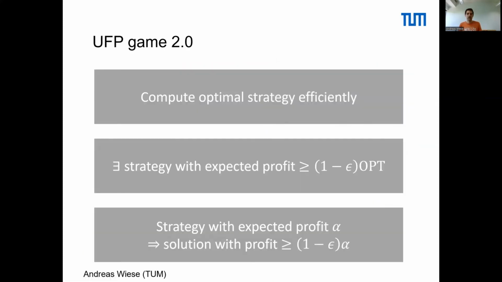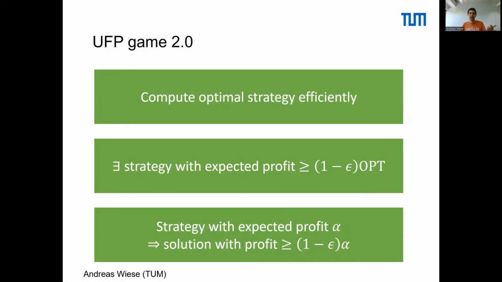Okay, so now this game is of course more complicated, but you can still show with very similar arguments that you can compute the optimal strategy efficiently. You can still show, as before, that there exists a strategy whose expected profit is essentially opt. And now with actually a lot of hard work, you can show for this game that if you give me a strategy with expected profit alpha, I can turn it into a strategy with profit at least essentially the same as alpha.